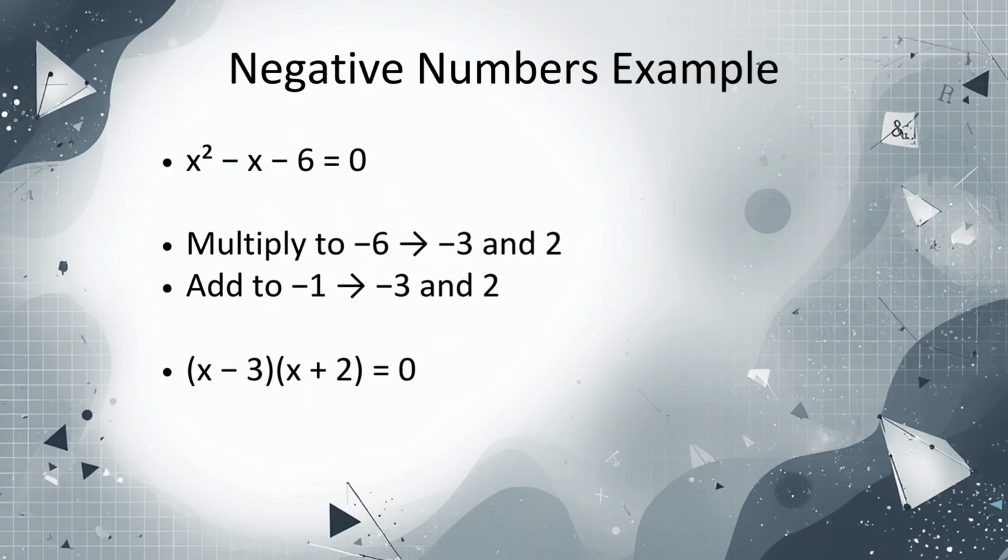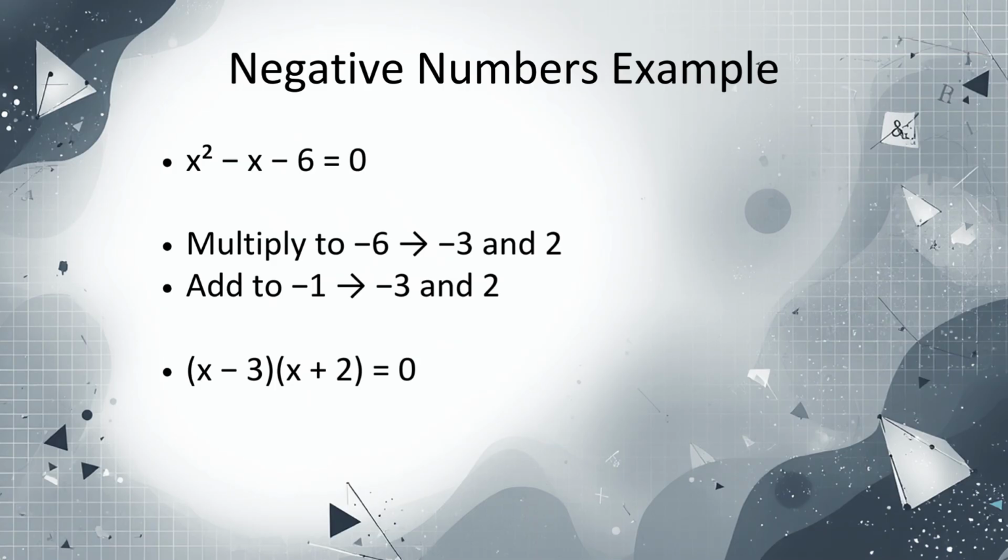So when we take the factors of minus 6, we can take 1 and 6, or minus 1 and 6, or 1 and minus 6, but that's not going to add to get us minus 1. So we're going to use 3 times 2. However, it depends what we are going to use. Are we going to use 2 times minus 3? Or are we going to use minus 2 times 3?